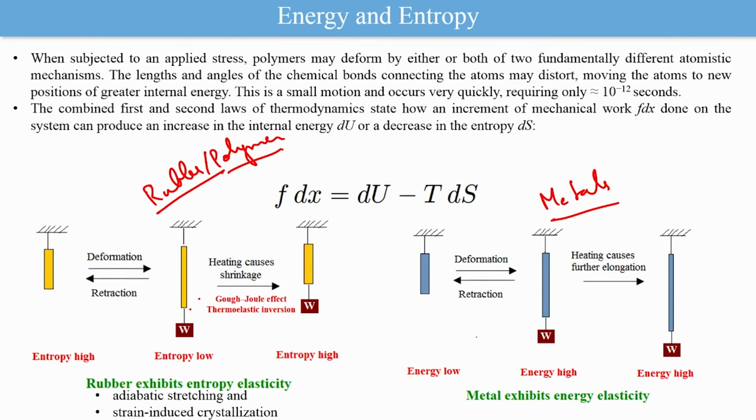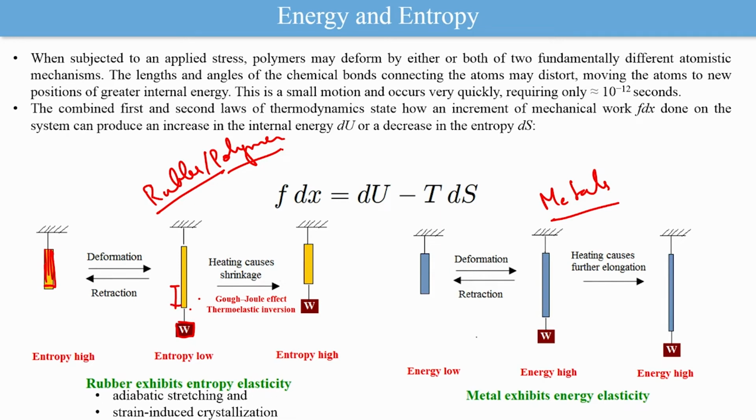Now, rubber or polymers, a few of the polymers. Now, how are these two materials different? For this we are just going through a simple experiment where we have a rubber band or a rubber material here, and then you hang a weight W to it. You will very intuitively understand that when you apply this weight W, it stretches by some distance.